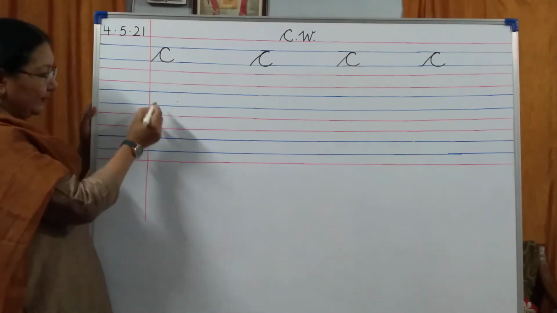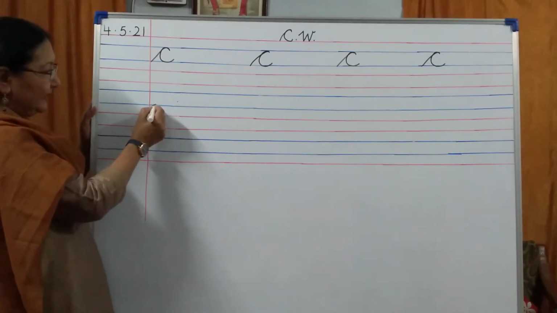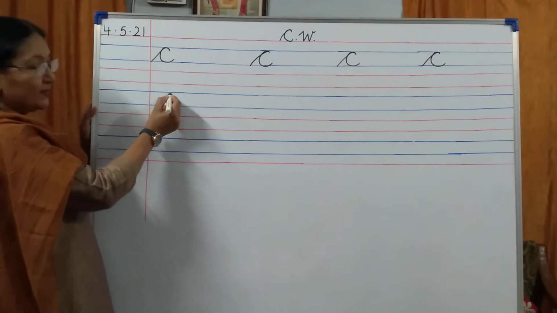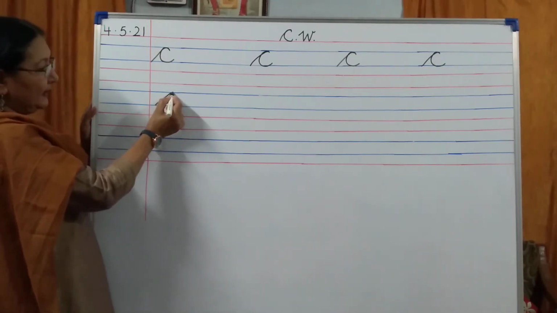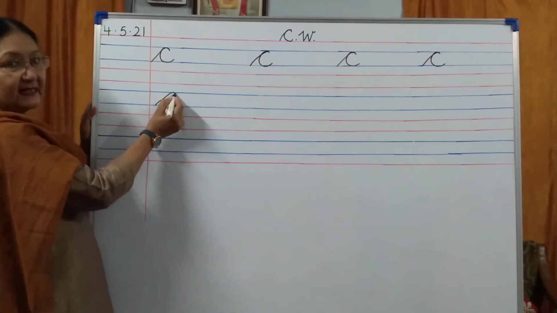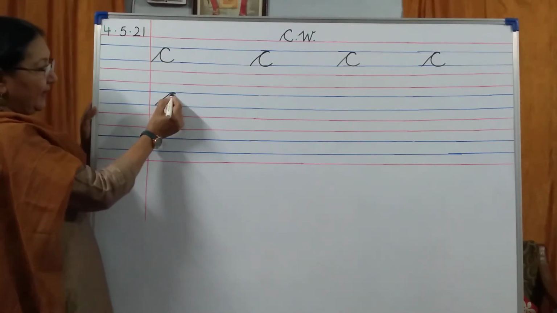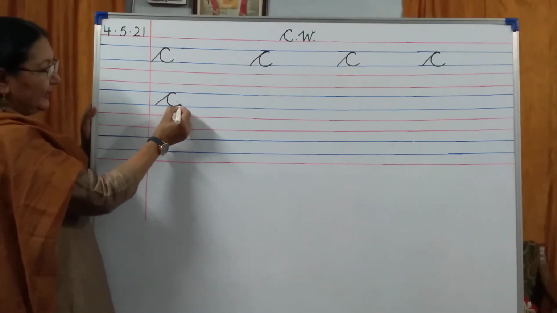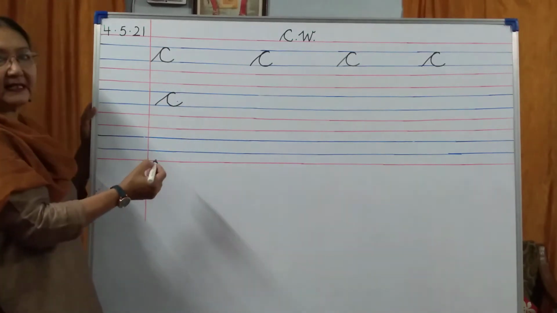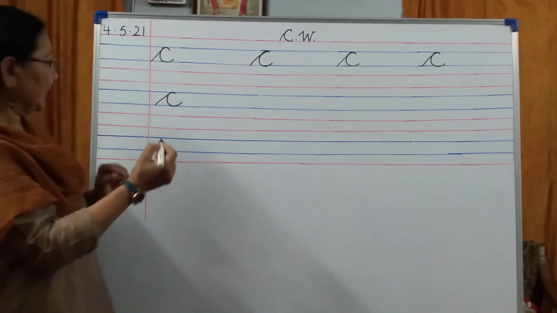Not a straight line, you will make a slant line like this. Can you see the slant line? Then come in front like this, come back, make a small curve till the lower blue line, and then go up like this. This becomes C.